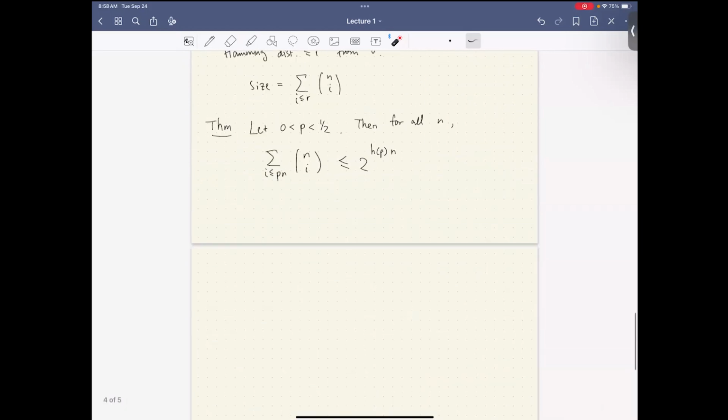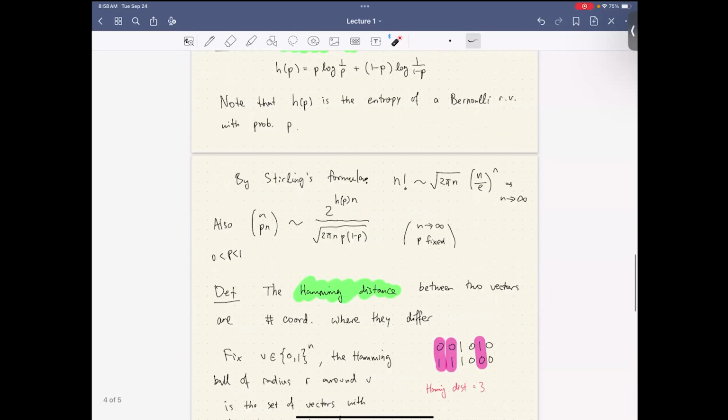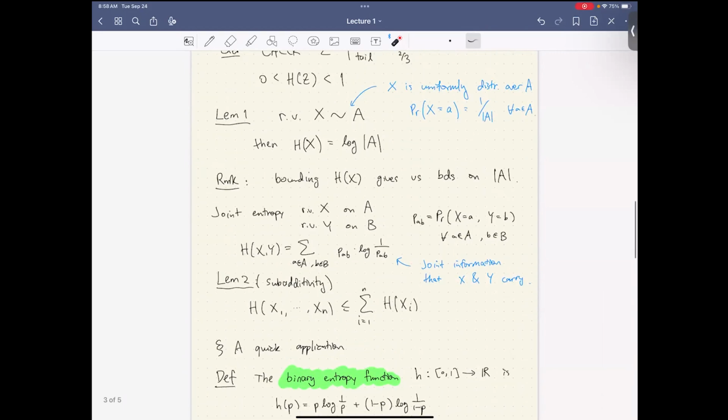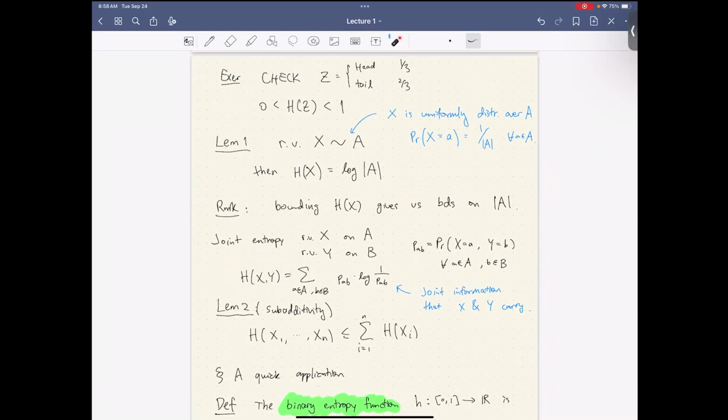How do we prove this? I already gave you the hint. Let's recall: use the very limited amount of information we have introduced so far. How do we get this upper bound? Recall we have these two lemmas. One is that if we uniformly at random sample elements from a set, then the entropy of this random variable is linked to the cardinality of this set, in particular equals the log of the size of this set.